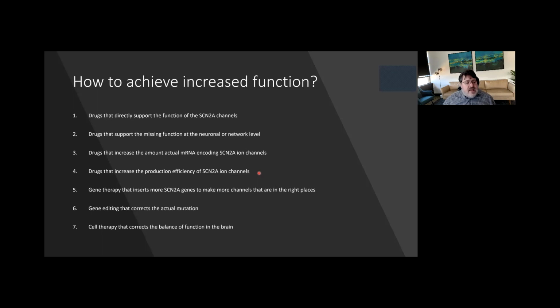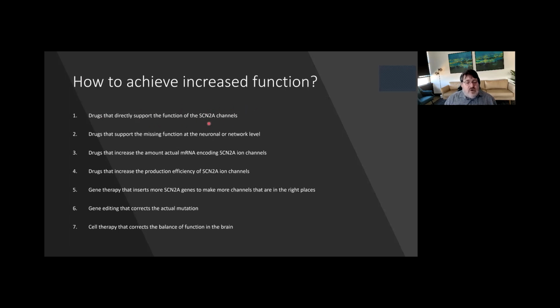And what I've done here is really just made a list of ways that we can think about increasing function. Within this list, there are activities that are happening across the globe in laboratories and in various companies that are interested in trying to tackle loss of function mutations in SCN2A. If you look at this list, we can develop drugs that directly support the function of SCN2A.